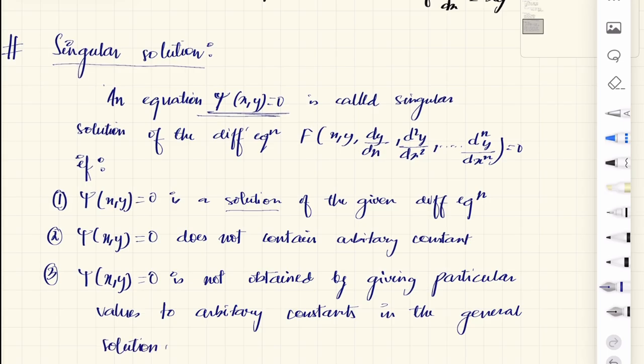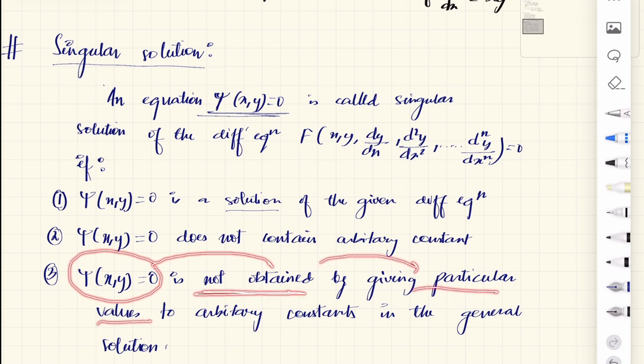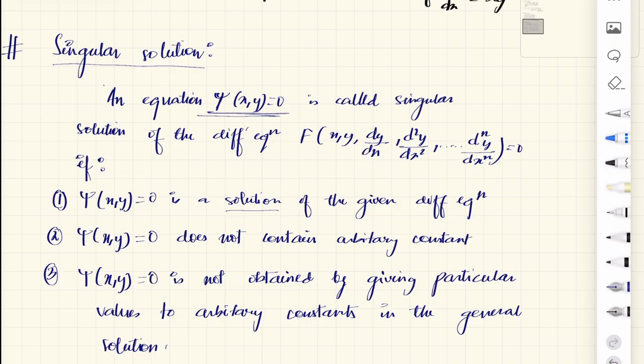What do you mean by this? For the given equation, first, this should be a solution of the differential equation, and this equation should not contain an arbitrary constant. And the third thing is that this equation should not be obtained by giving particular values. So this solution should not be involved with particular values of the arbitrary constant.